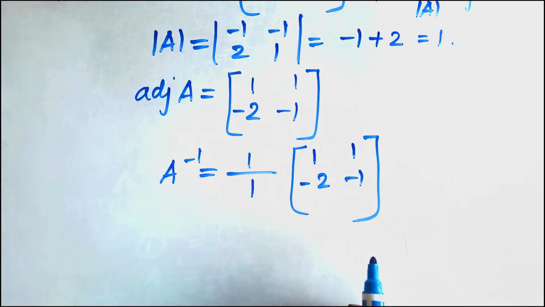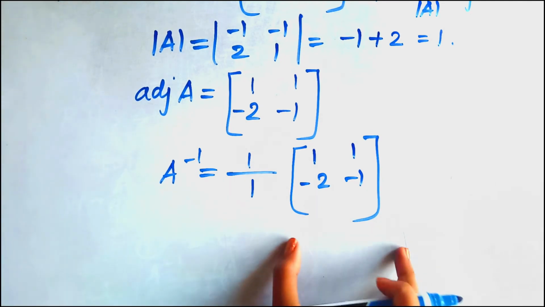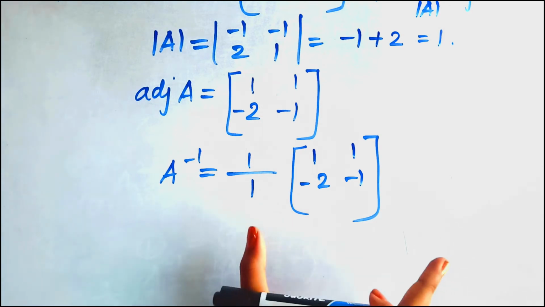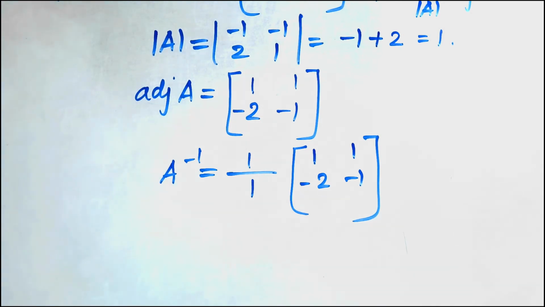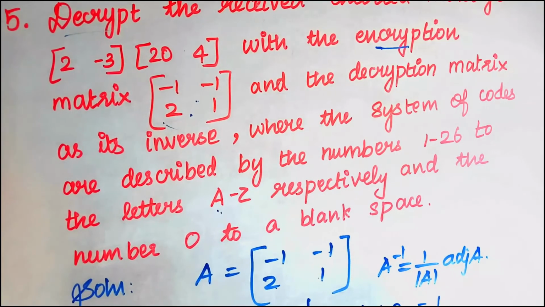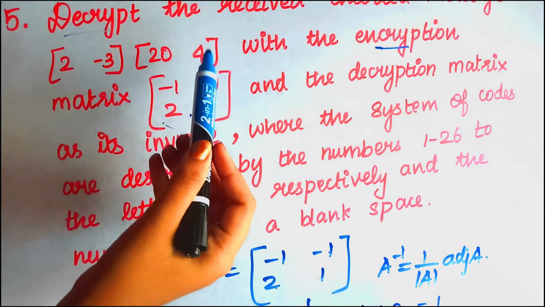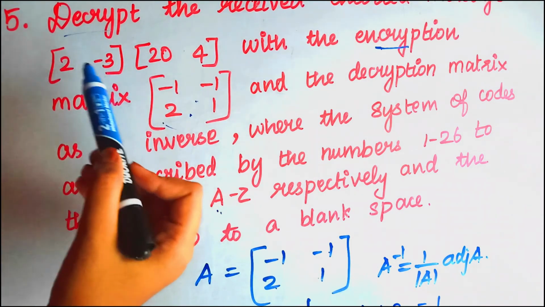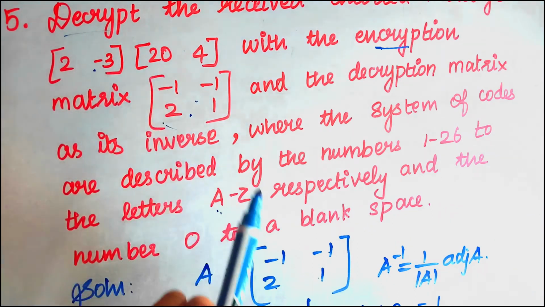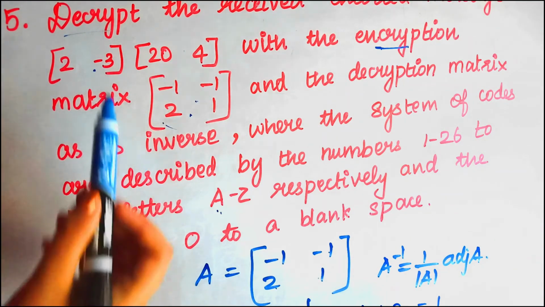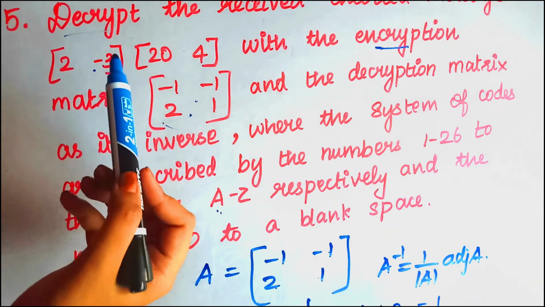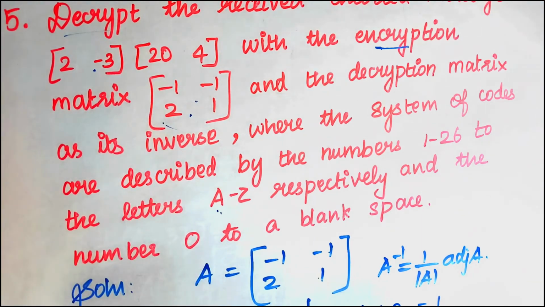Now we are gonna multiply this decryption matrix with the message which arrived. So our received matrix is 2, -3 and 20, 4, and we have to convert this meaningless message to a meaningful message. So now we are going to multiply this with our decryption matrix.